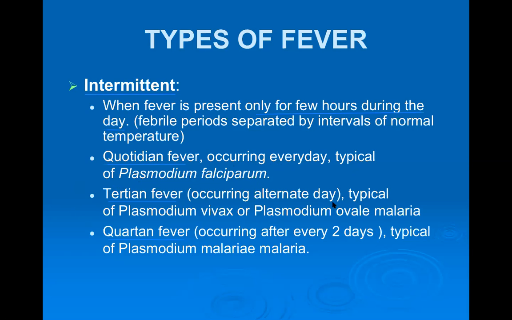Tertian is fever occurring on alternate days, and quartan is fever occurring after every 2 days. Apart from malaria, if there is abscess formation inside our body, that can also result in intermittent type of fever.